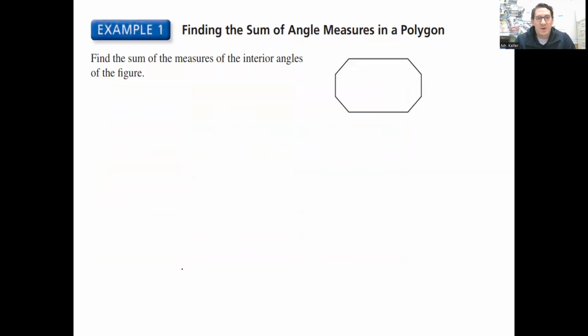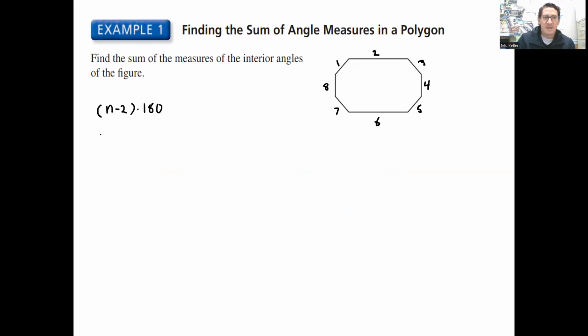So coming in here, we're going to find the sum of the measures of the interior angles of this figure. First thing, let's count the number of sides. There's 1, 2, 3, 4, 5, 6, 7, 8. I'm going to use the formula that we just had, n minus 2 times 180.